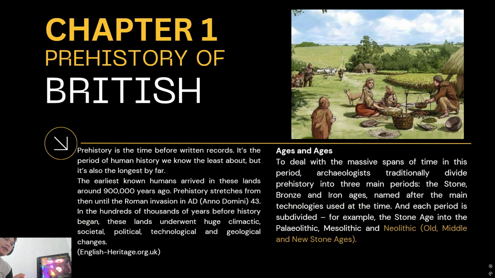To deal with the massive spans of time in this period, archaeologists traditionally divide prehistory into 3 main periods: the Stone, the Bronze, and the Iron Ages, named after the main technologies used at the time. And each period is subdivided, for example, the Stone Age into the Paleolithic, Mesolithic, and Neolithic: Old, Middle, and New Stone Ages.